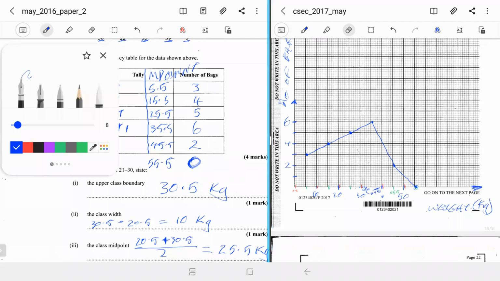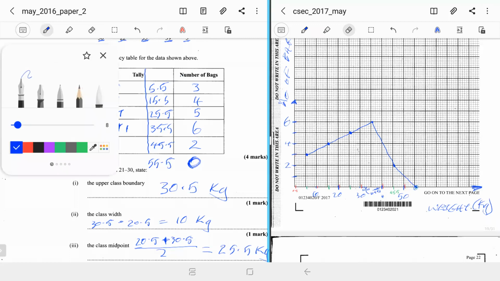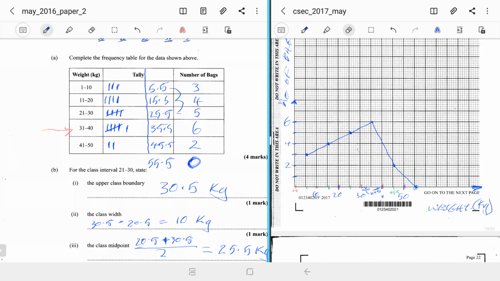Since the values are going up by 10, let me erase this midpoint thing. The value before this would be that minus 10, which would be negative 5.5. That would be the value before this, and it has a frequency of 0.